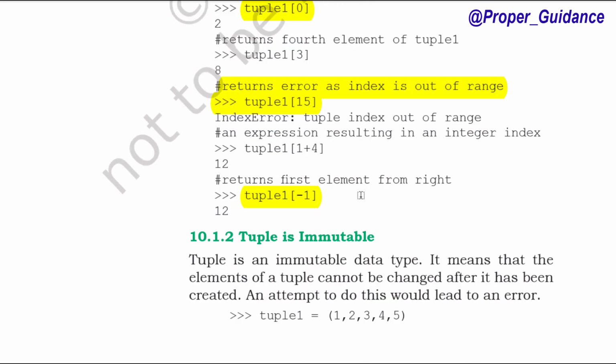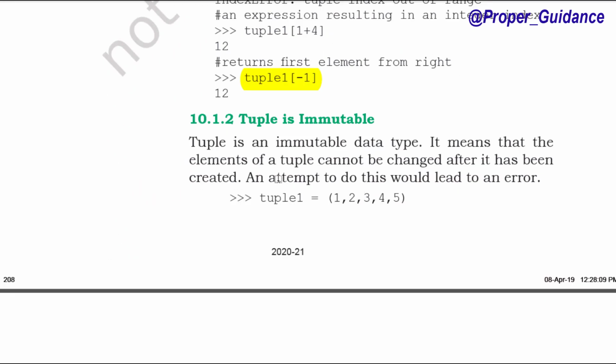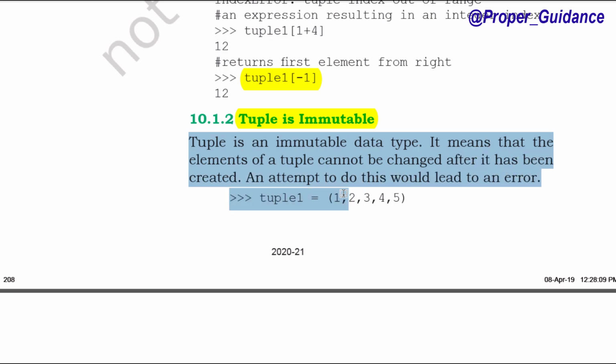Clear? Now, another important point: a tuple is immutable. Tuple is an immutable data type. It means that elements of a tuple cannot be changed after it has been created. After creation, you can't change it.